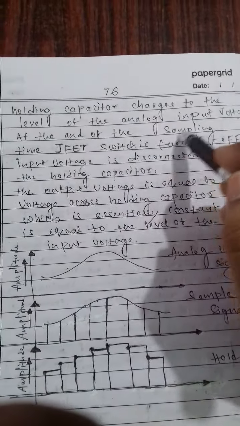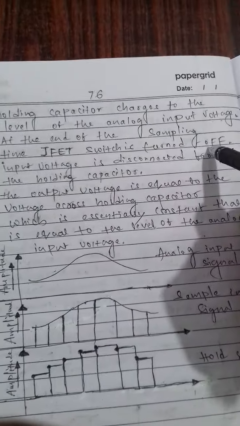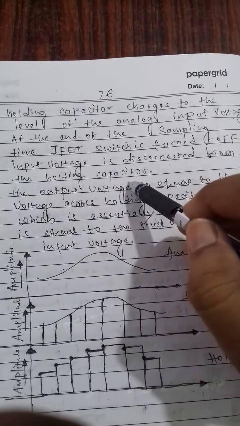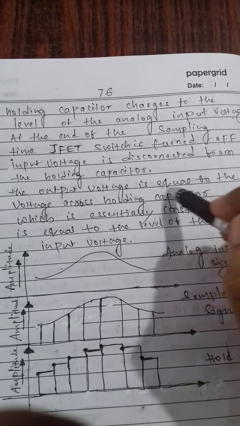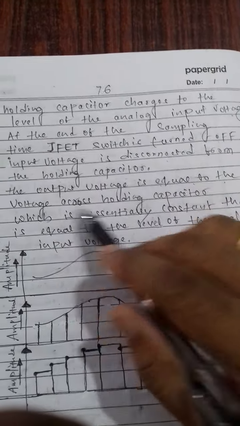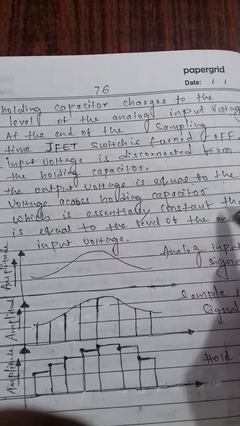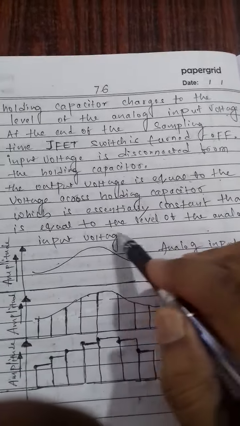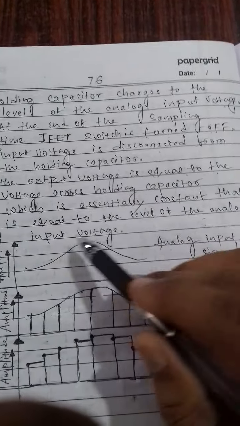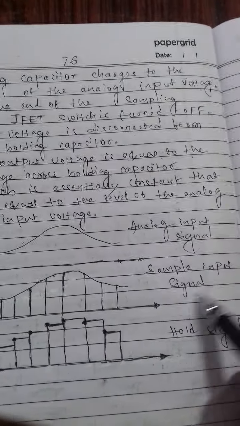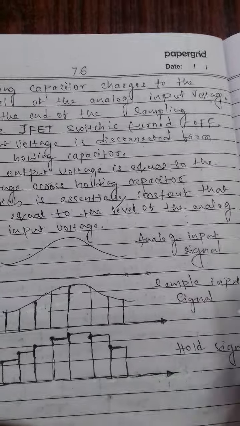At the end of the sampling time, the JFET switch is turned off. Input voltage is disconnected from the holding capacitor. The output voltage is equal to the voltage across the holding capacitor, which is essentially constant, that is equal to the level of the analog input voltage. The analog input signal, here sample input signal and holding signal.